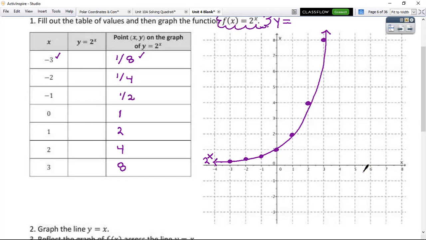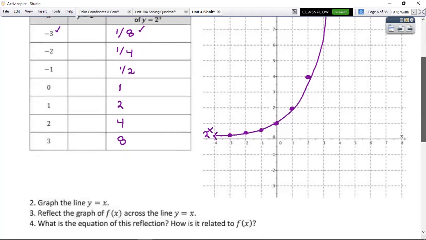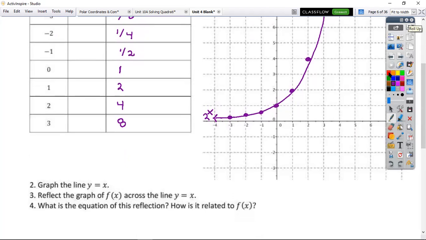All right, so next, number 2 says, graph the line y equals x. So the line y equals x, I'm going to switch colors. And I'm going to go 0, 0, 1, 1, 2, 2, 3, 3, all the way down here too.